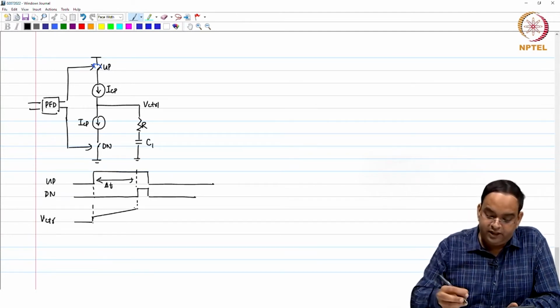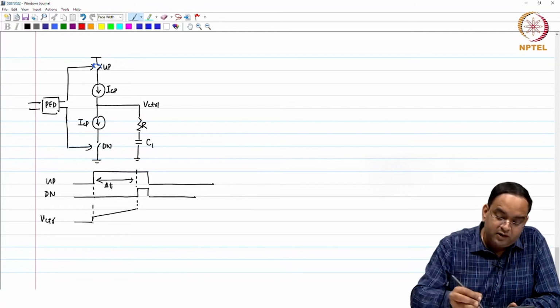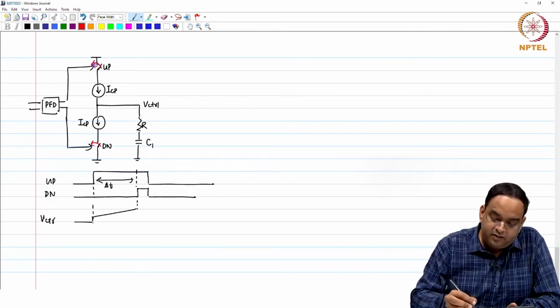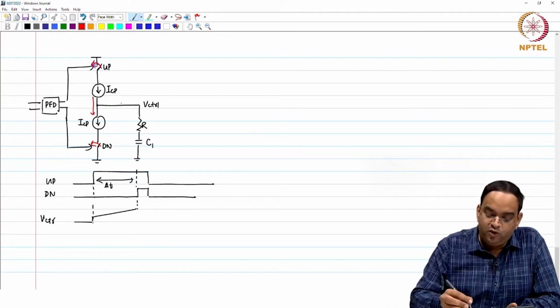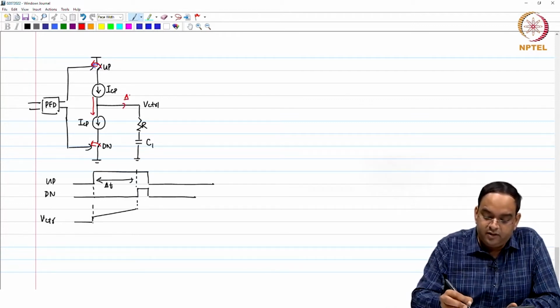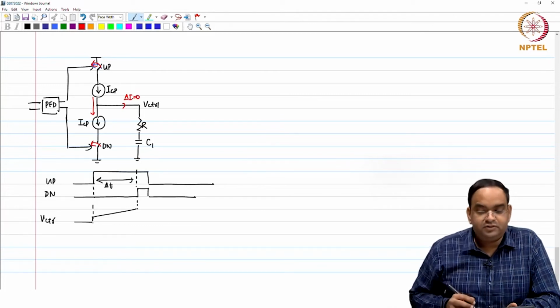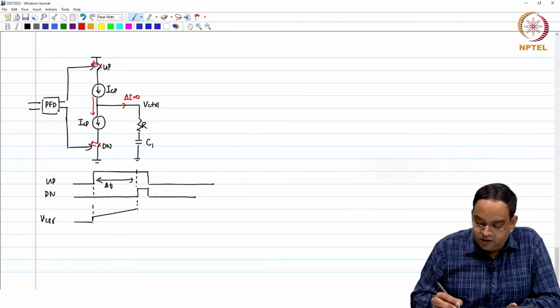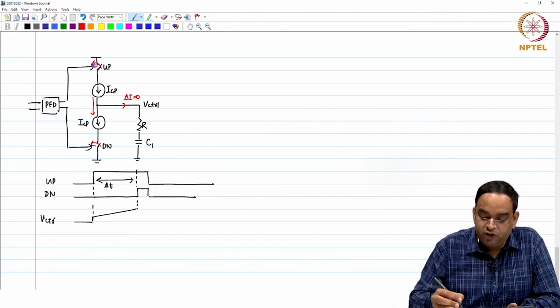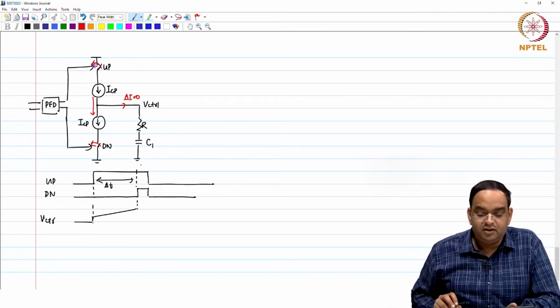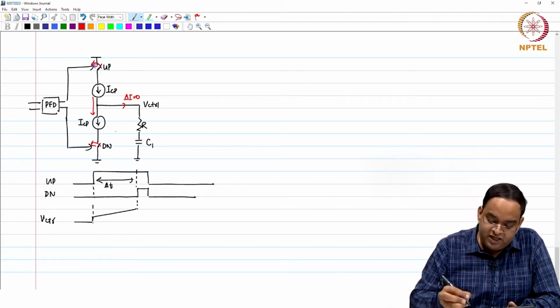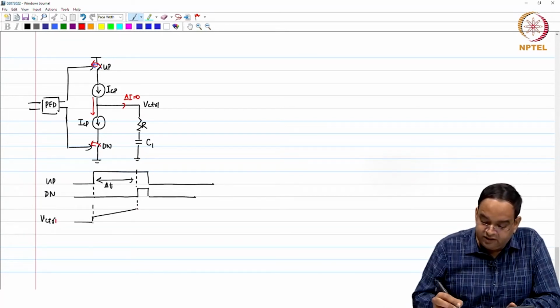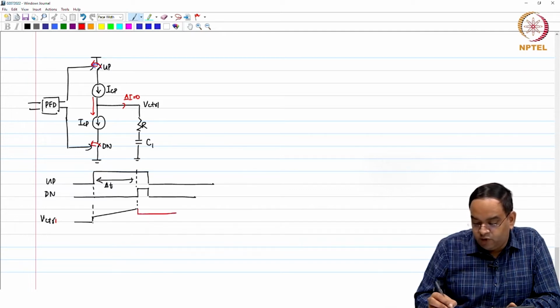When up and down signals both are high, right, the current from the top flows to the bottom, no current flows to the V control, right. If no current flows, the voltage should actually remain constant. Okay. So, previously ICP was flowing, but now ICP does not flow. So, you will retain the change in the voltage.